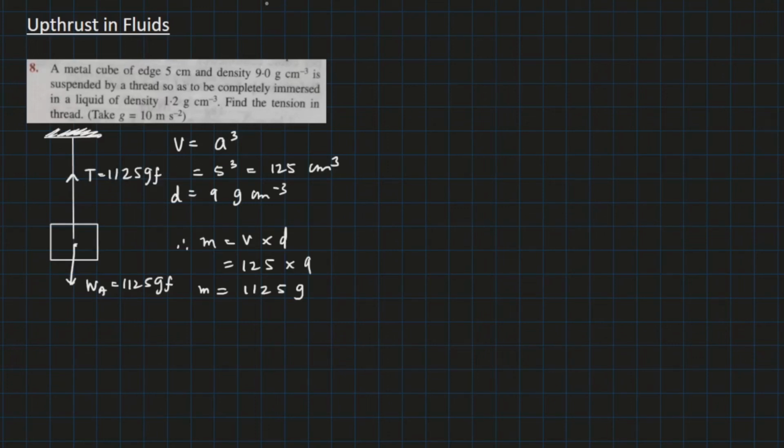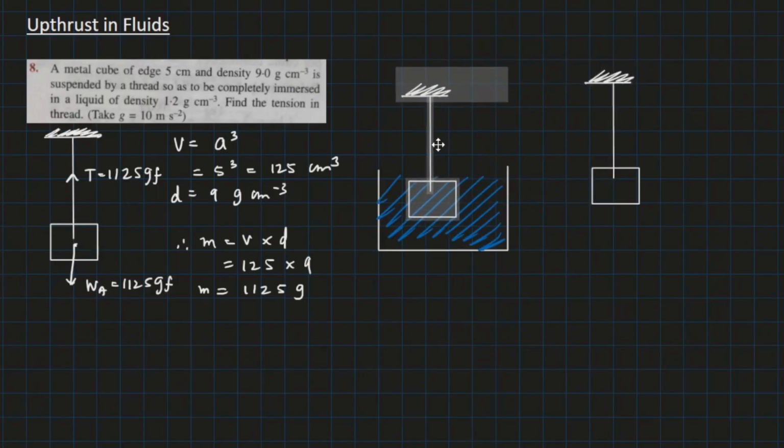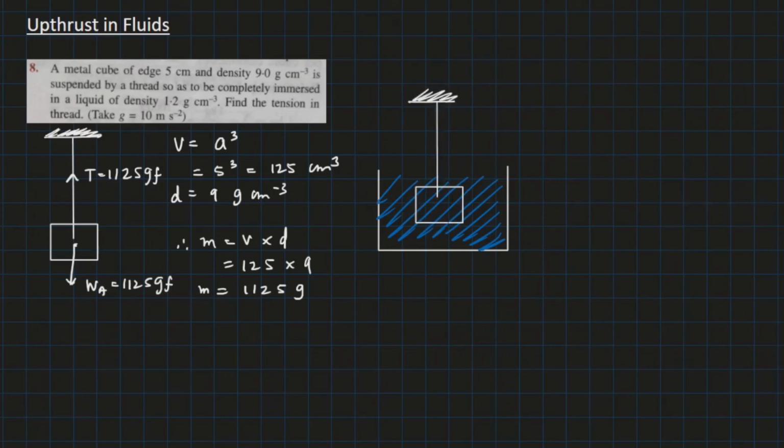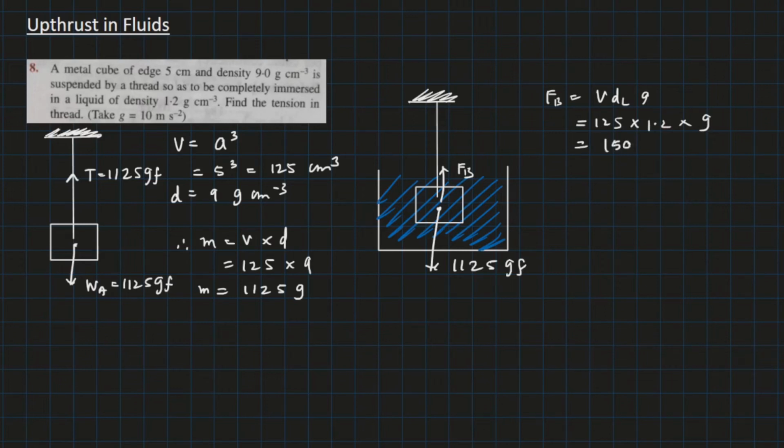Now this particular cube is then immersed in a liquid. The weight downward is 1125 gram force. This experiences an upthrust. The upthrust that this cube will experience will be V d l g, that will be 125, the density is 1.2, into g. So it is going to receive an upthrust of 150 gram force.